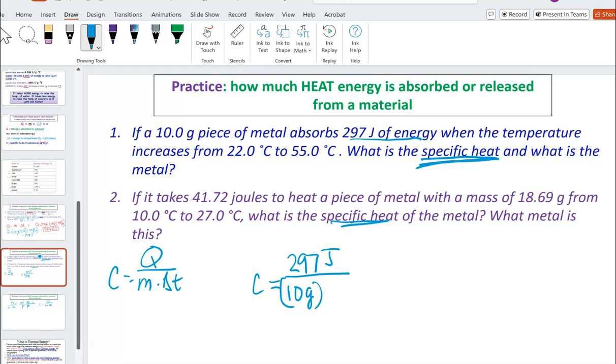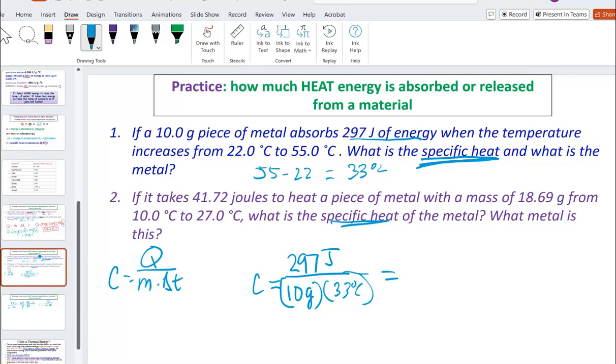And then we have to multiply the change in temperature. So 55 is my final temperature, minus 22 is my initial. So my change in temperature is 33 degrees Celsius.